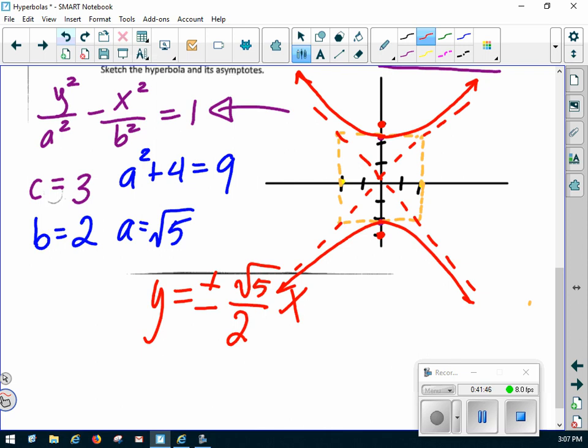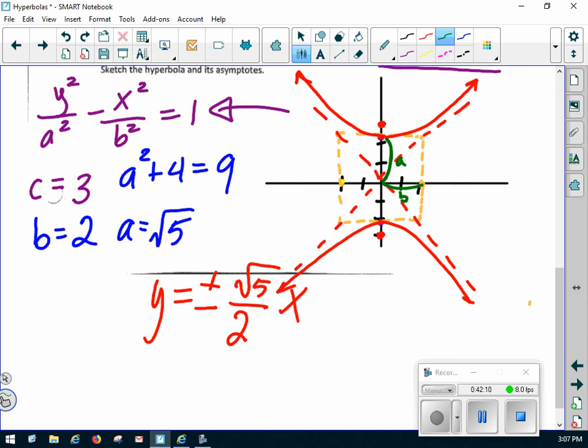Let's talk about the box that we drew. Your box should be pretty as well. Here's my question to you. What is this height right here? Distance between the center and a vertex is A, right? What's this distance here?